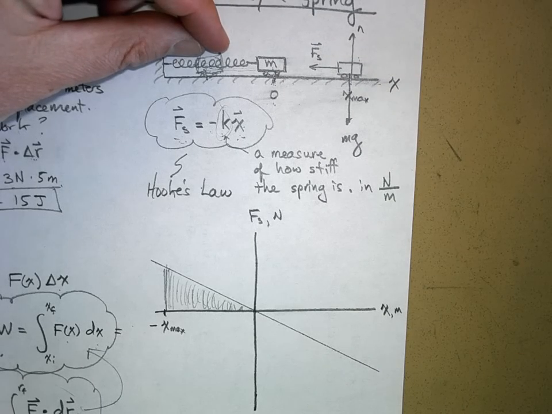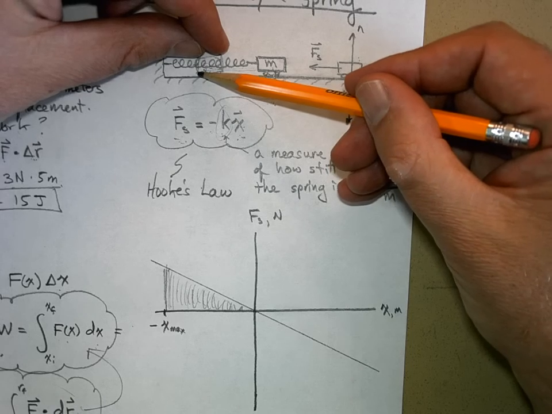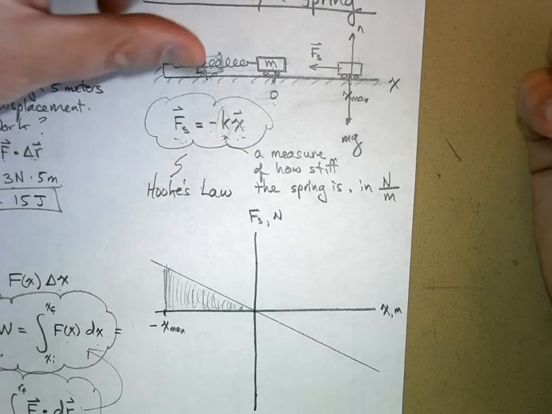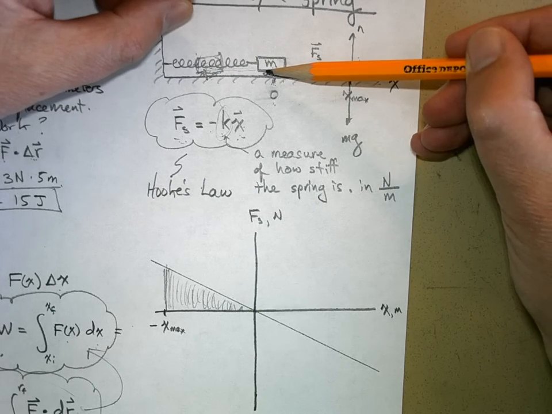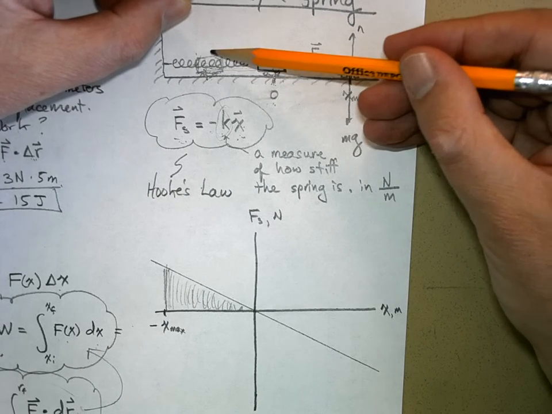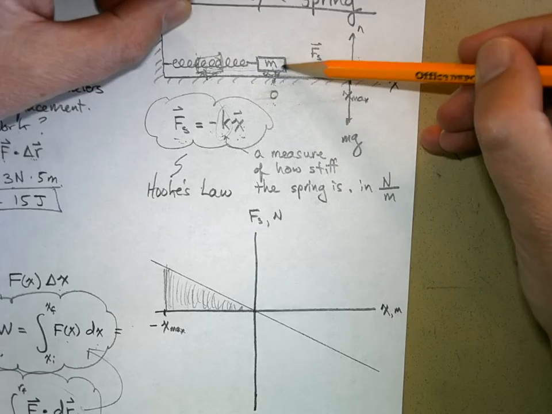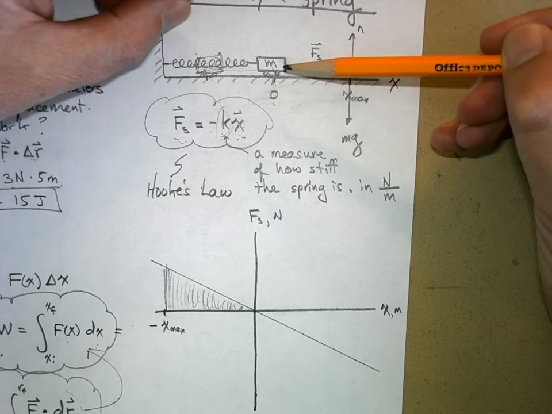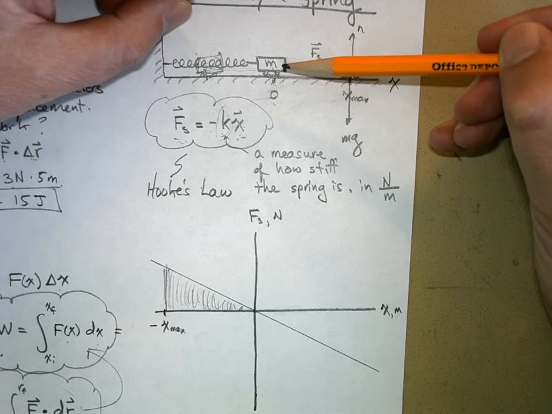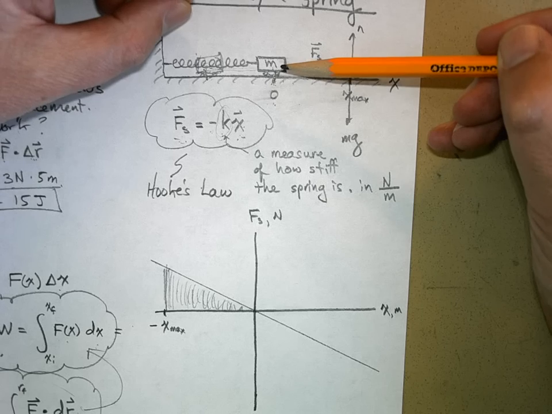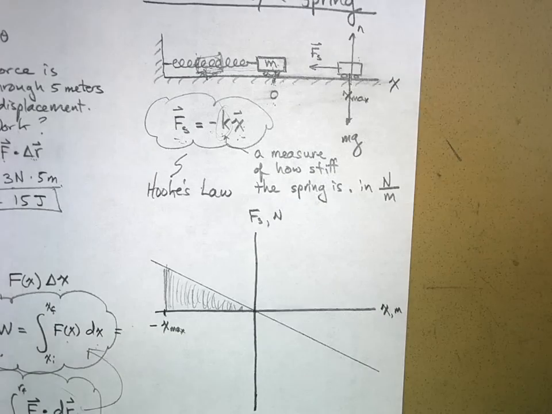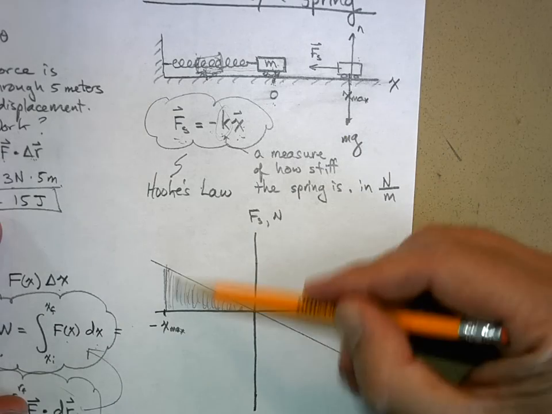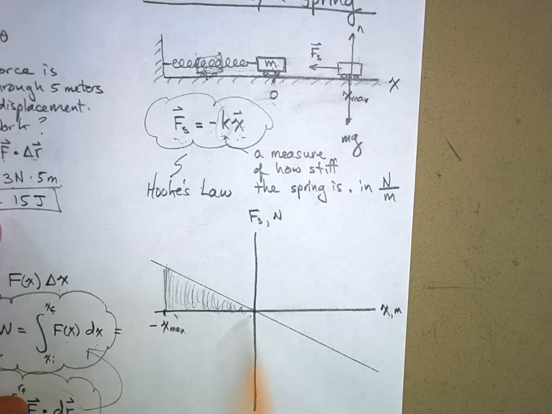It wasn't moving. All the energy was in the compressed spring. When I release it, the spring pushes on it and it displaces to the right, and therefore transfers energy into the moving massive object. We call that kinetic energy. We're going to actually derive the kinetic energy next time, or on Monday. Okay, and so you say, how much work did it do? Well, it did this much work from here to here.